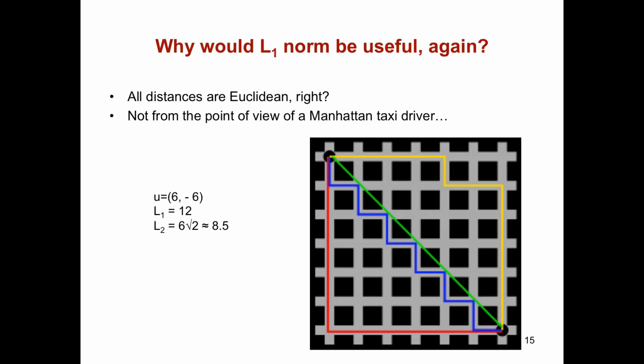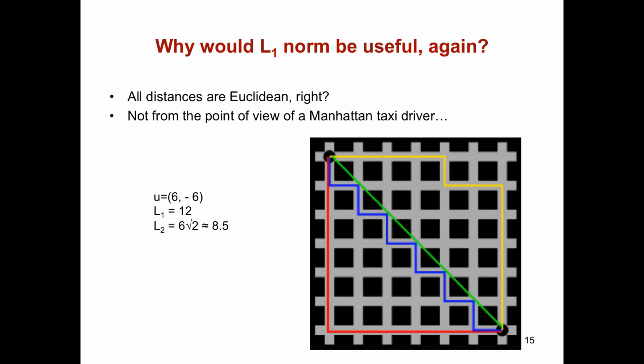Because for instance, if I had this vector, 6, minus 6, going from here to here, then my L1 norm would be 6 plus 6, which is 6 times going down and 6 times going to the right, which is 12. And that's an actual distance that I would be walking, whatever this unit 1 is, 1 building, 1 block. Okay. So I'd be going 12 blocks, whereas L2 would give me 8.5, which is quite a bit less than 12.